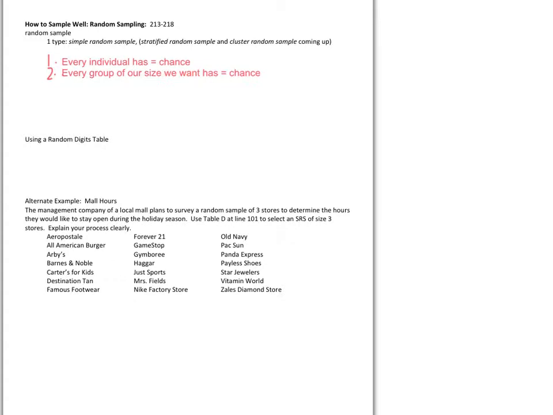There are a couple ways to take a simple random sample. Actually more than a couple ways, but a couple that we're going to stick to. One is one we've probably already done, and if not, you'll see it soon. It's when we do that randInt in the calculator, and we tell the calculator we want a certain number of random digits between a certain range of integers.